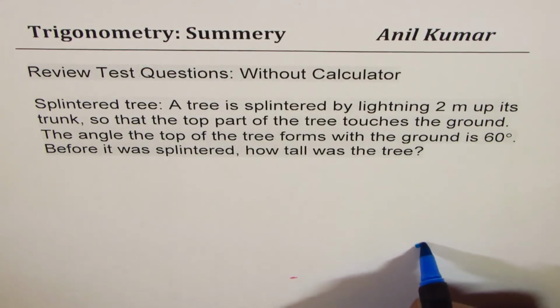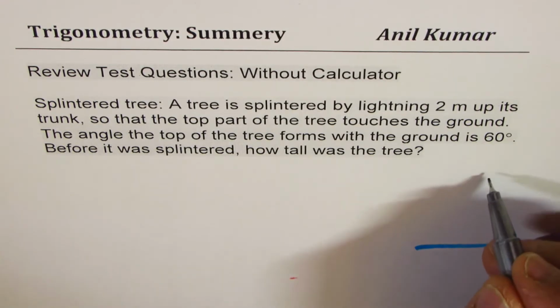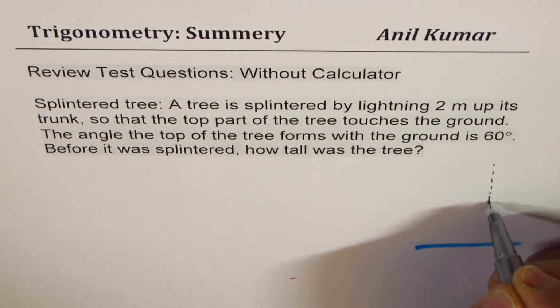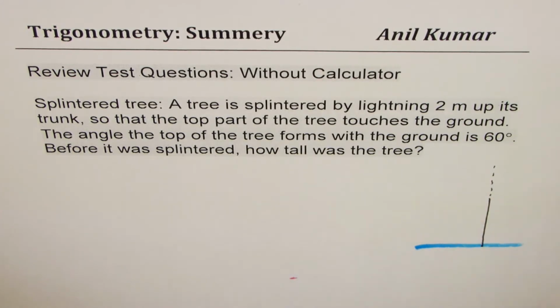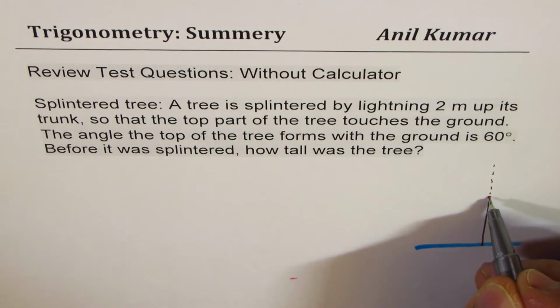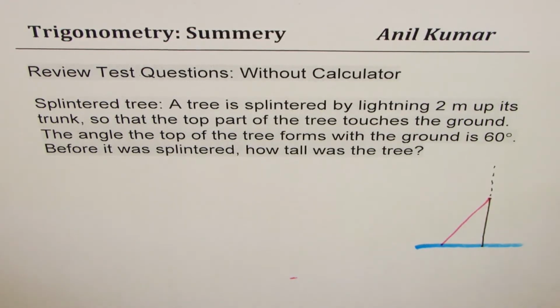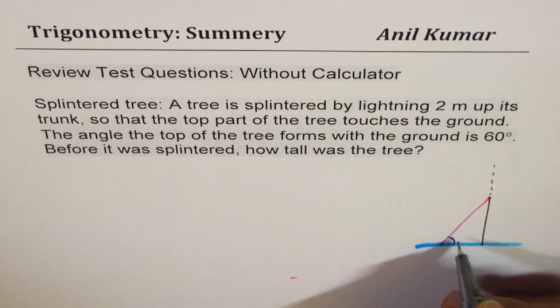Here is the diagram which we could make. Let us assume that initially the tree was like this. Now because of the lightning, it broke off from here and came down, making an angle of 60 degrees. Do you see that part?